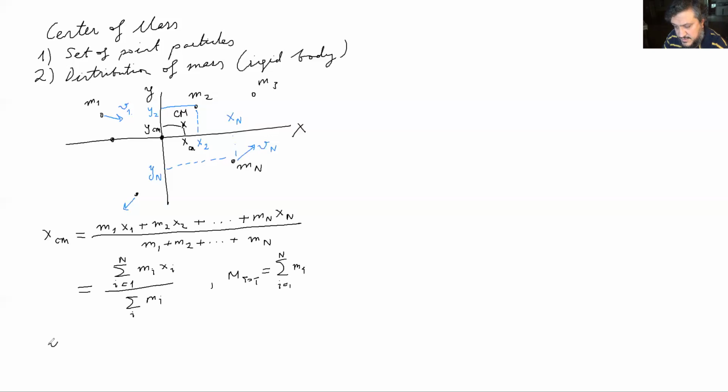Similarly, the y-coordinate then will be equal to 1 over m total. In the numerator, though, we have each mass multiplied by its y-coordinate. Okay, so that is the definition.